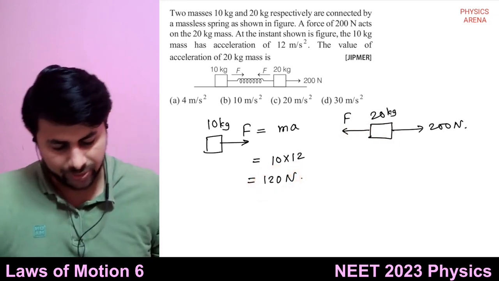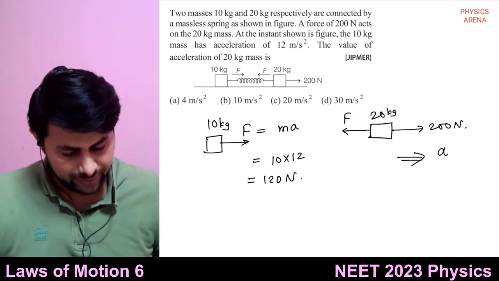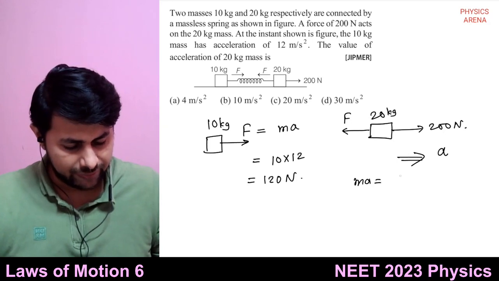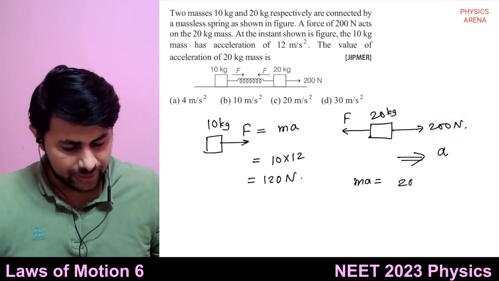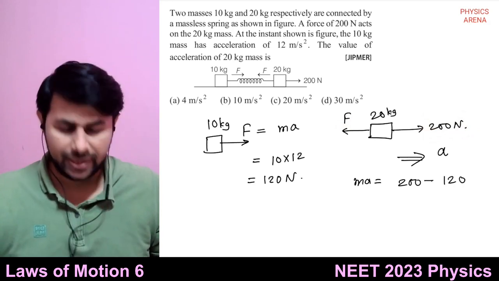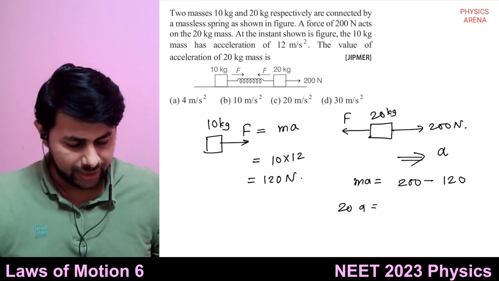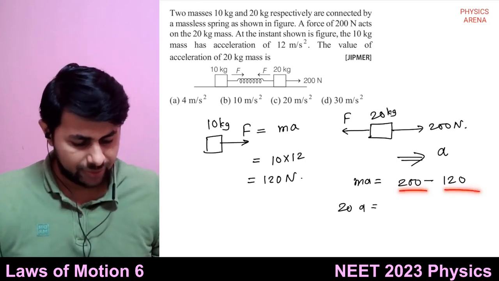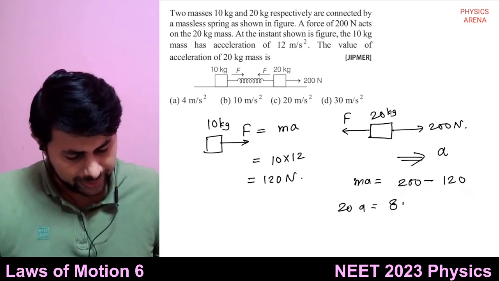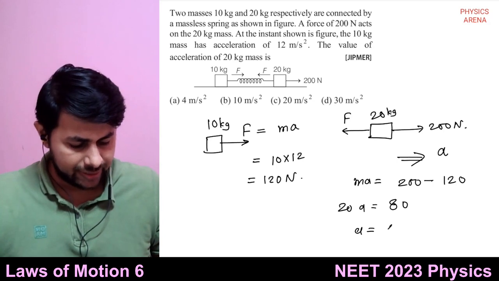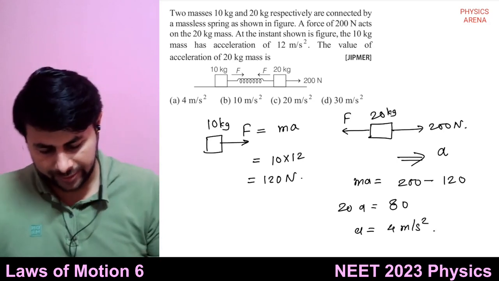Let's suppose its acceleration is A. So m times A is equal to 200 newton minus F. 200 minus 120 is 80 and mass is 20, so 20 times A is 80. So A is equal to 80 by 20, so 4 meters per second squared. Option A.